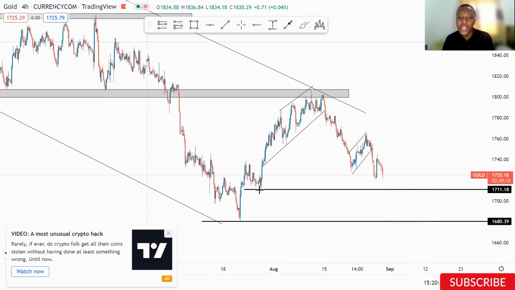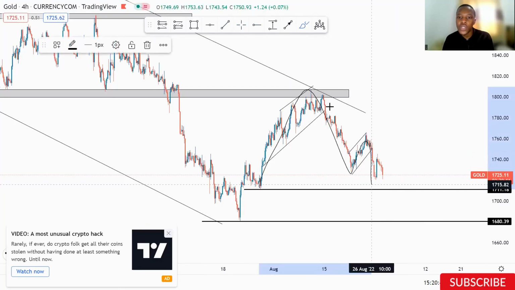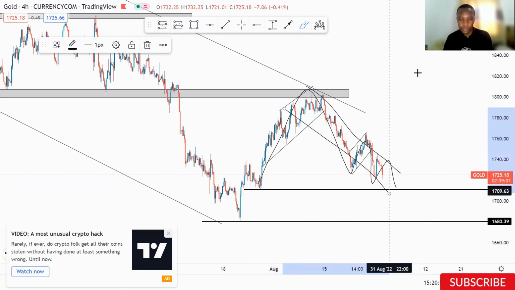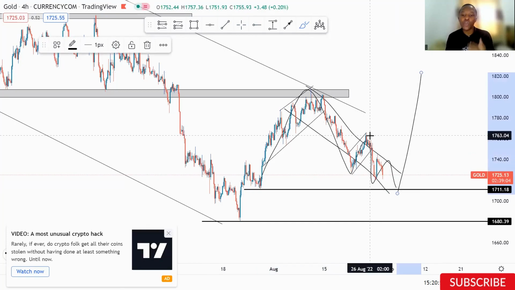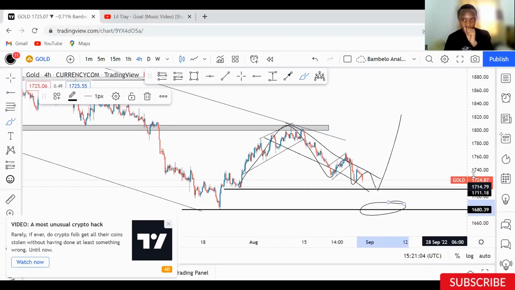If this is an impulse move, then this would be some sort of correction, so the market can change direction when it gets to these areas, unless of course it breaks below, and then we'll know it's headed for this particular level. So this is just how you draw your trend lines, nothing complicated.